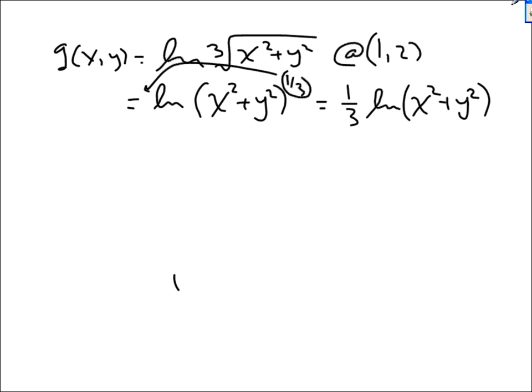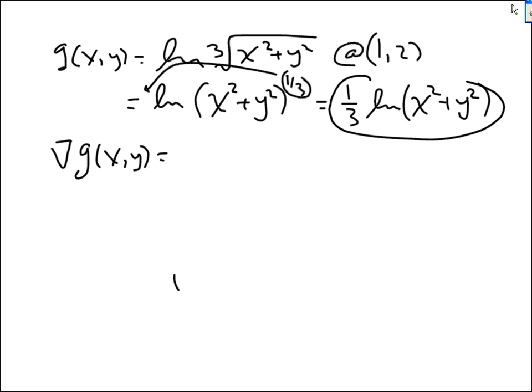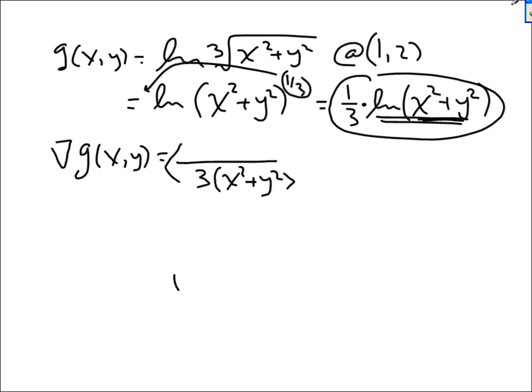Okay. So we want to find the gradient of g. That is, I want to first take the partial of this with respect to x. Well, the third comes along to the right, the third times the derivative of this. The derivative of ln of anything, you put the anything in the bottom and its derivative on top. First, we're taking the derivative with respect to x.